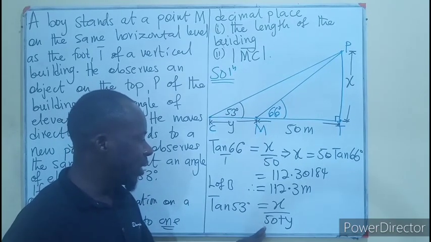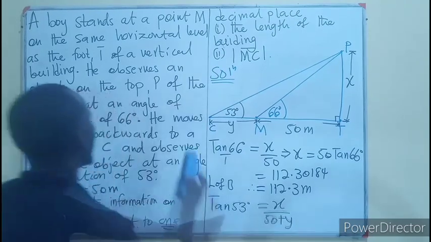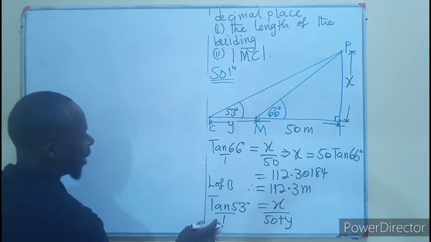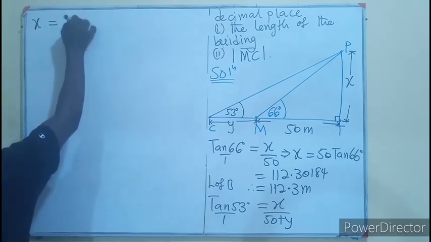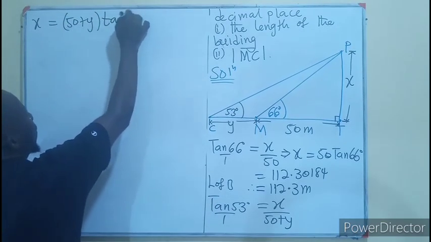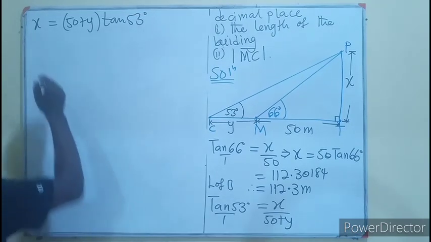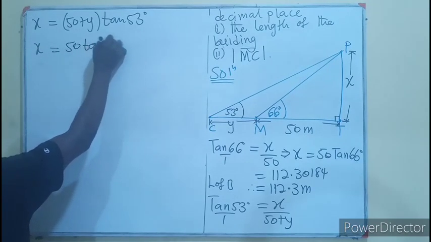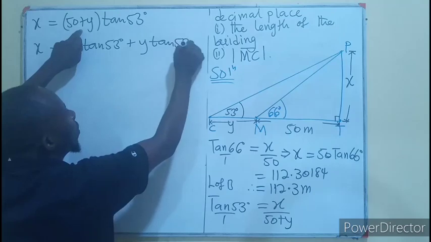So now here, we need a value of what? Y. We already know that of X. So let's continue. Right here, we know that there is 1 here. So X will multiply. Let me just say X equals 50 plus Y multiplying tan 53. So since attention is on Y, we can expand here to have X equals 50 times tan 53 degrees plus Y tan what? 53 degrees.